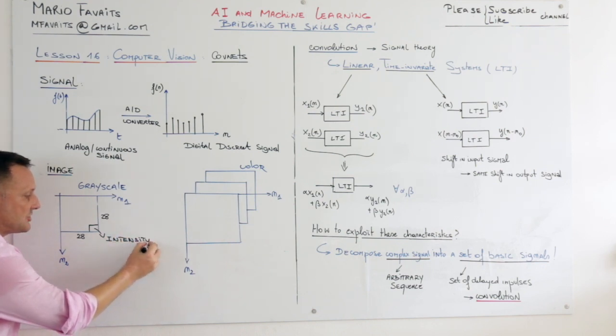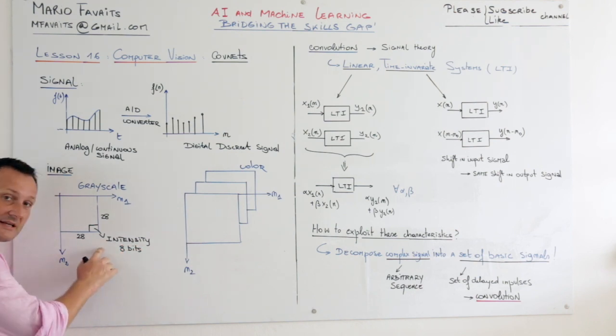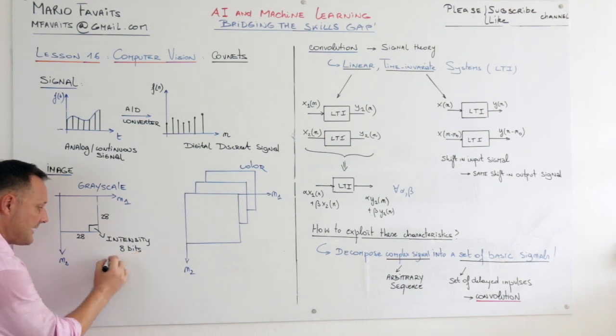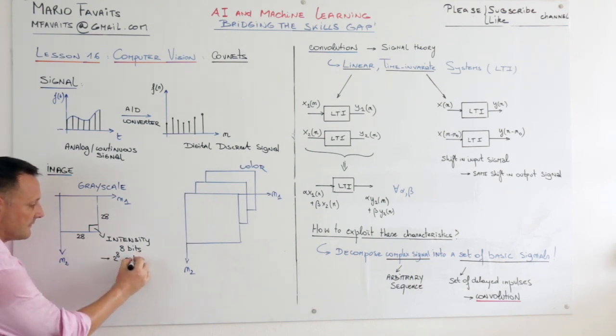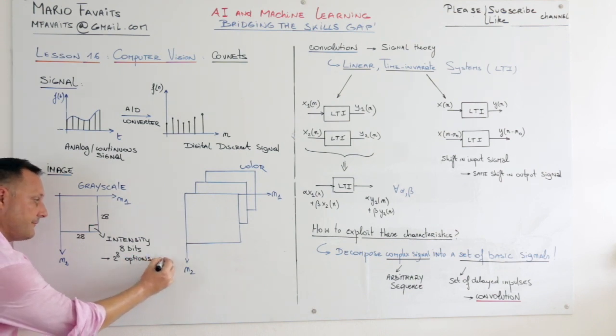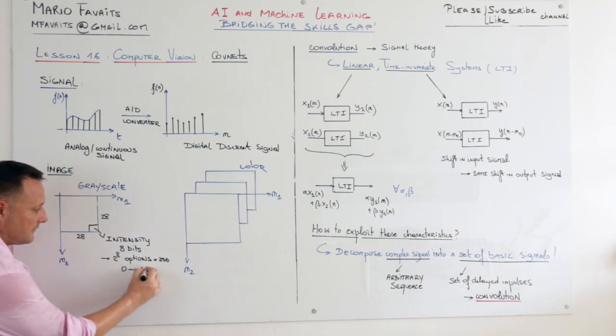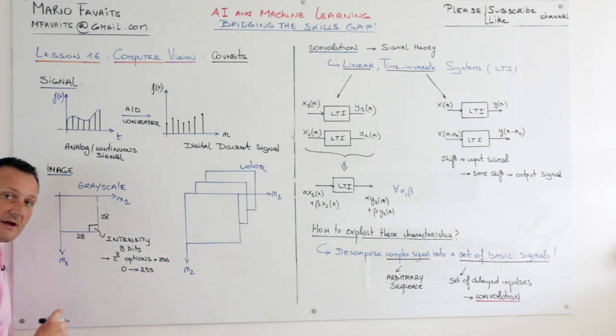Actually it's 8 bits. You have 8 bits to give the intensity. So that means that you have 2 to the power of 8 options, that's 256. So your options of intensity go from 0 to 255.